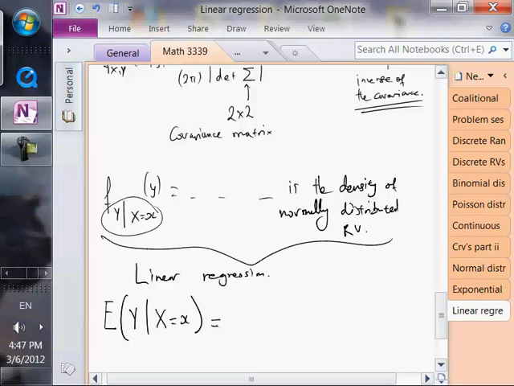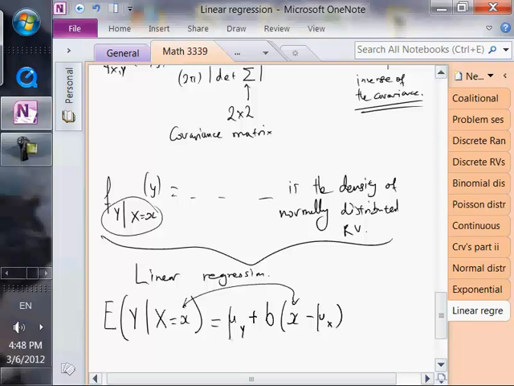The conditional mean is actually the mean of y, plus a coefficient here, which I would call b, times this value x minus the mean of x.